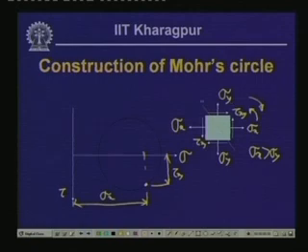And if we try to represent the normal and the shear stress on this Mohr plane, then we have positive sigma y and the negative tau x y, which represents the point B, for this particular plane.